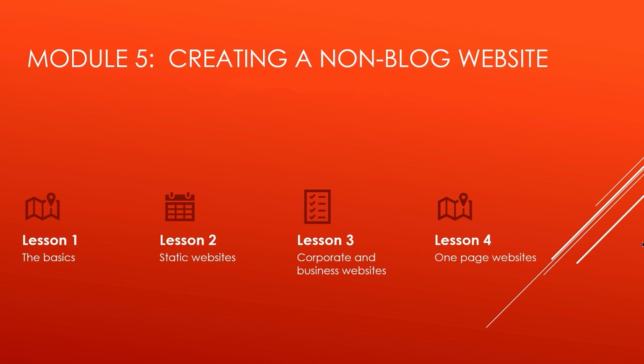Then we uploaded the media for business websites and put all the media in there. And then in the final lesson, I showed you a page that would represent a one-page website, and then we recreated it.